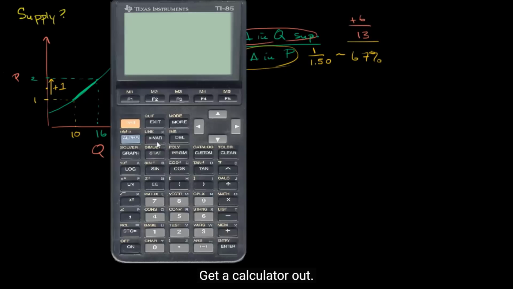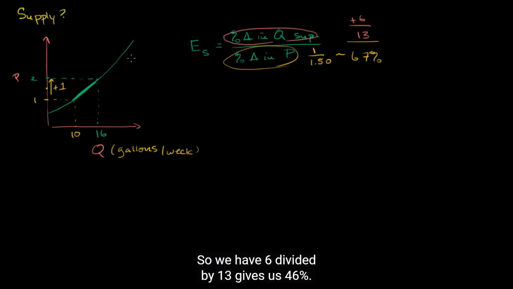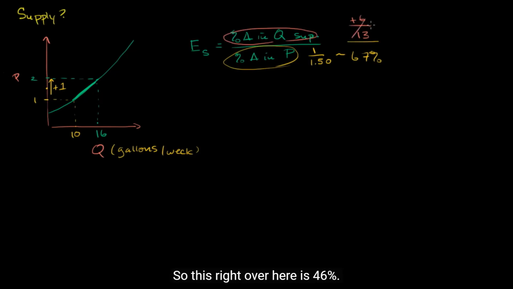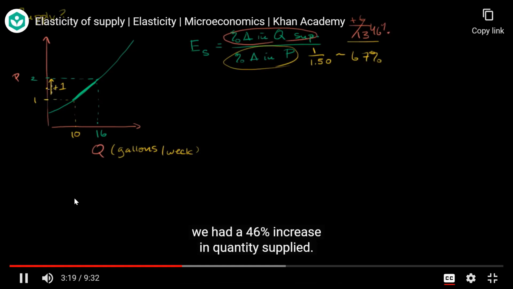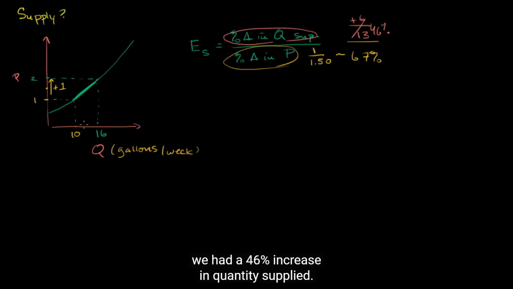Get a calculator out. 6 divided by 13 gives us 46%. So based on the way we calculated, a 67% increase in price gave us a 46% increase in quantity supplied.